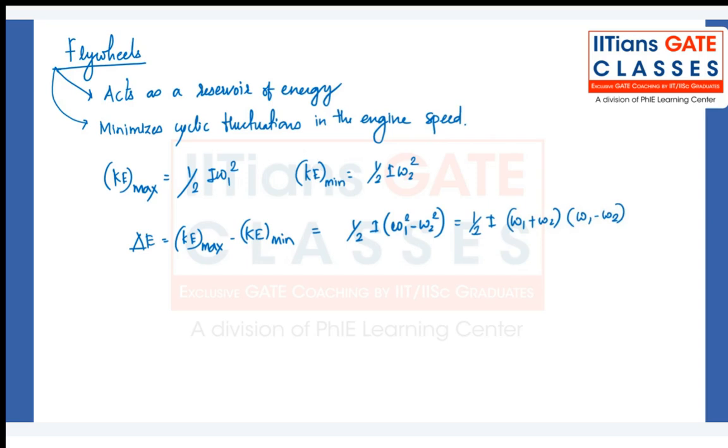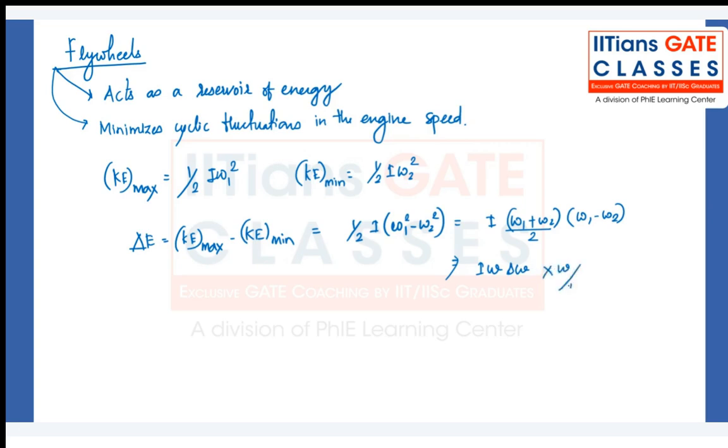Taking half of I, omega 1 plus omega 2 divided by 2 is the average angular velocity, omega. And delta omega is omega 1 minus omega 2.